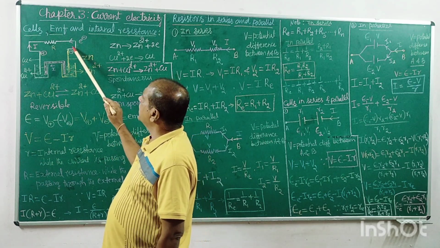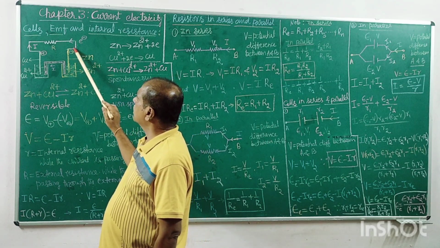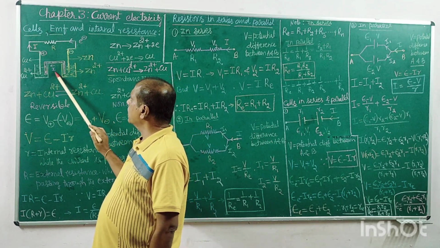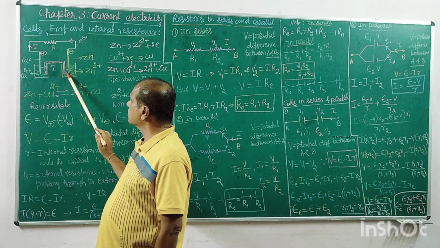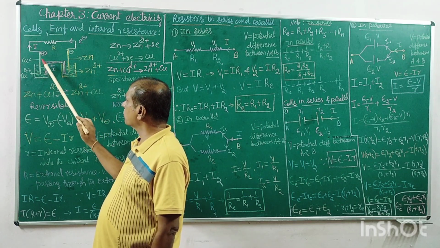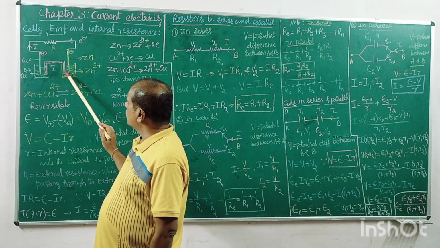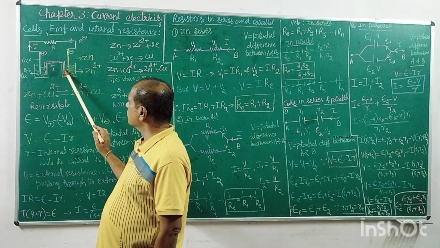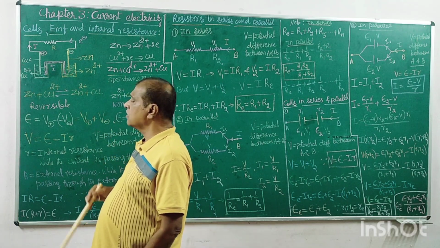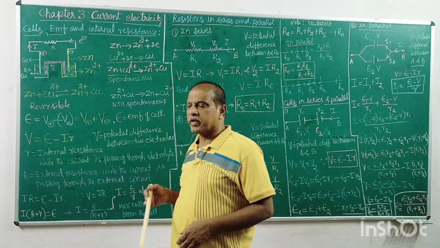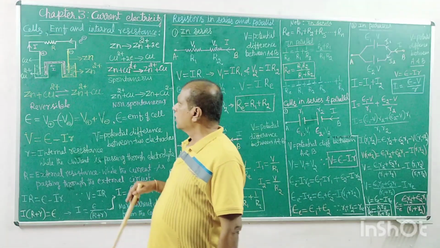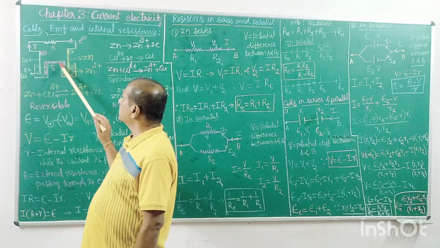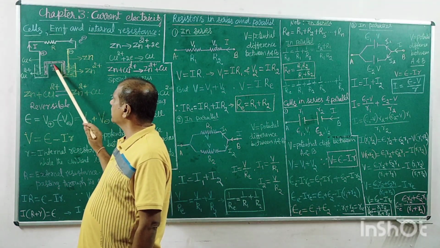So the conduction by electrons is through an electronic conductor. And here also there should be a conduction for a complete circuit. From this compartment to this compartment, in between, ions pass or migrate. Here ions are migrating.